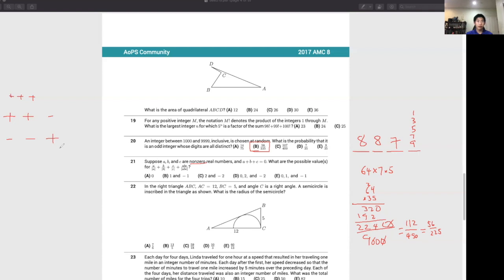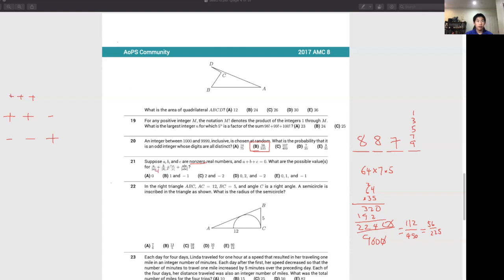So let's say we have 2 positives and 1 negative. Let's just say they're in order A, B, and C. That'll make it easier for us here. So A divided by the absolute value of A, we'll start with that one. Since A and the absolute value of A are both positive, this is equal to 1.